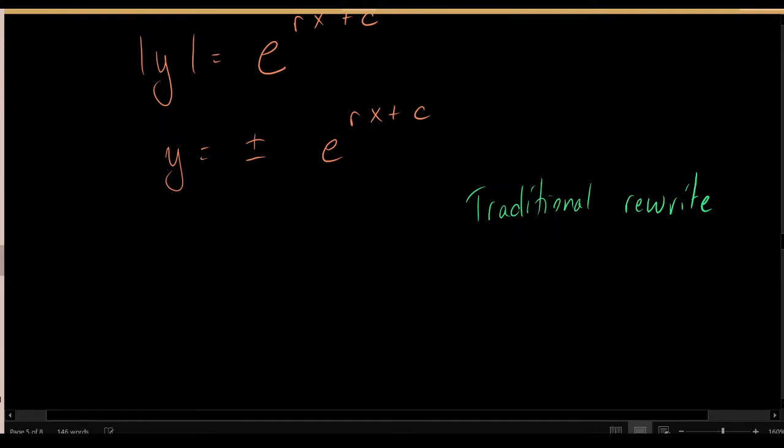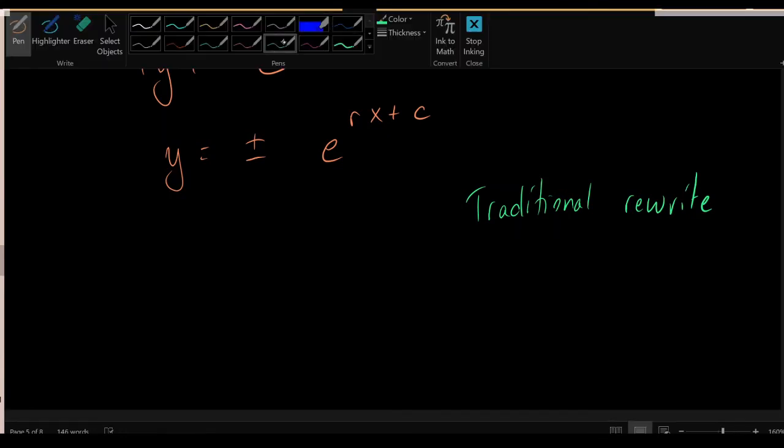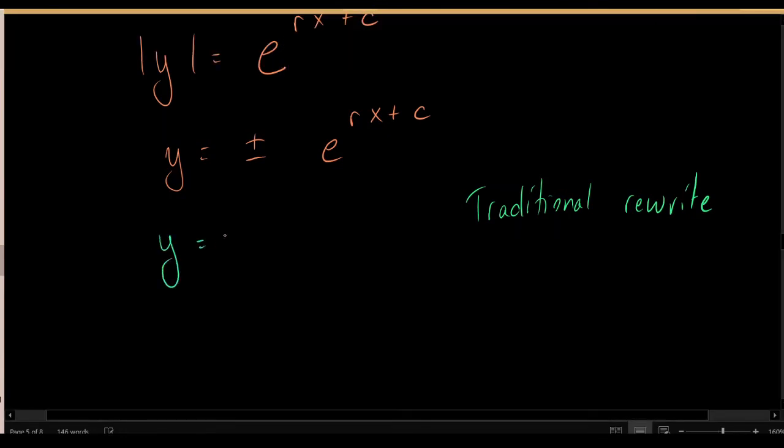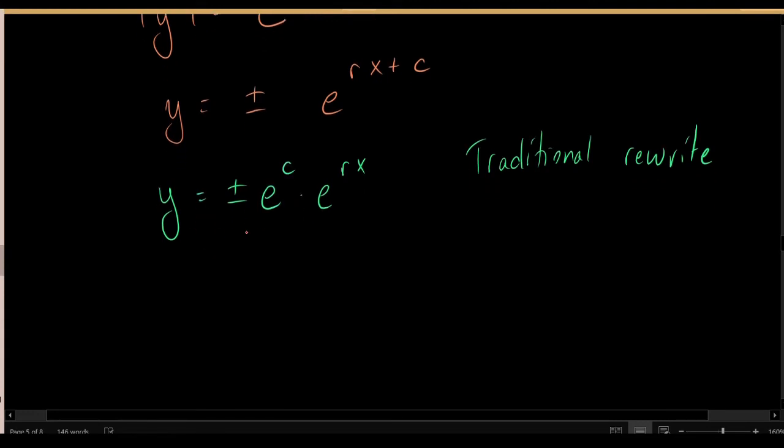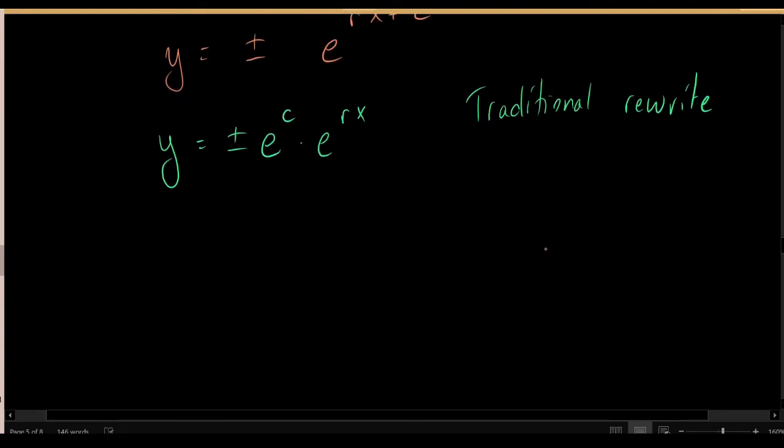The traditional way is to say, okay, by the properties of exponents, if you have a sum at the exponent level, you can turn that into a product at the base, e to the rx multiplied by e to the c. So now we're going to combine constants again. In particular, we're going to combine the constants plus minus e to the c.